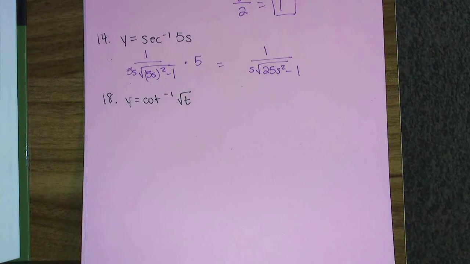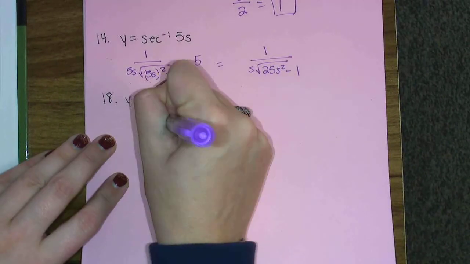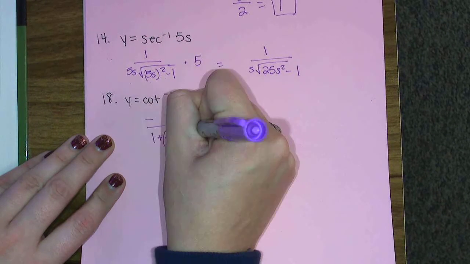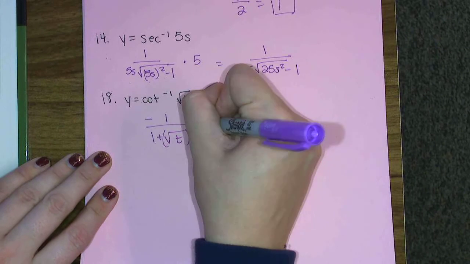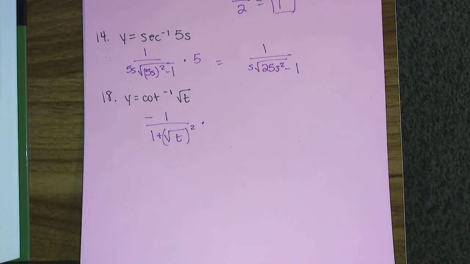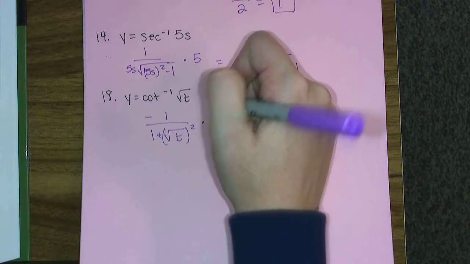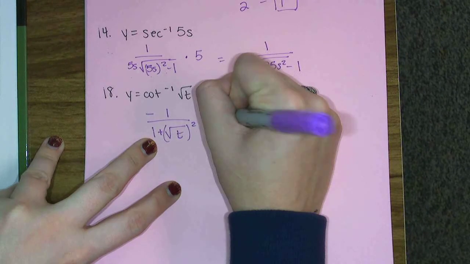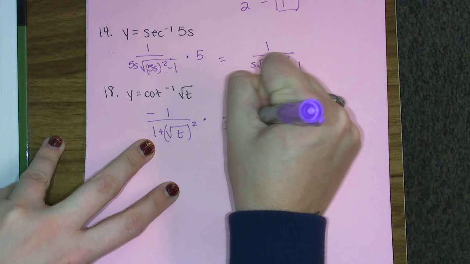So what do I have here then? And then times what? One half t to the negative 1/2.